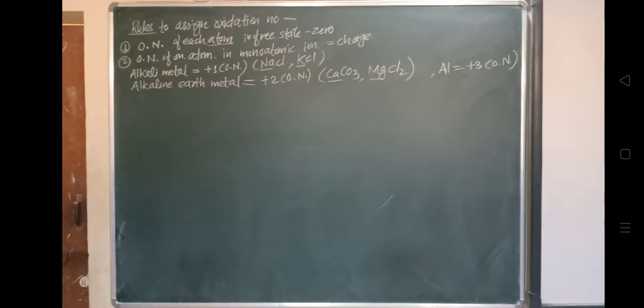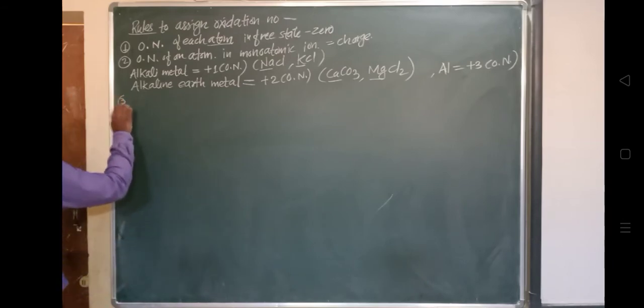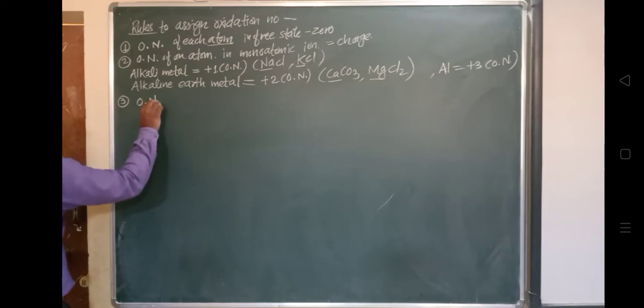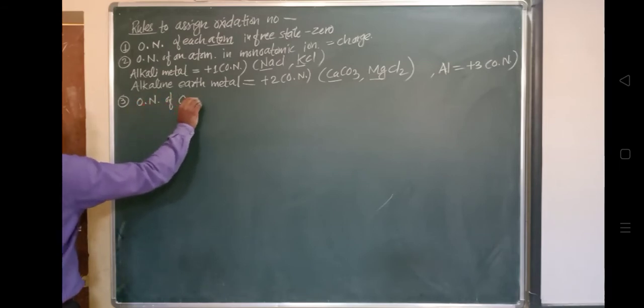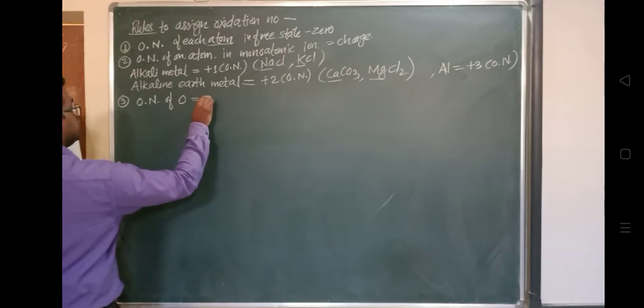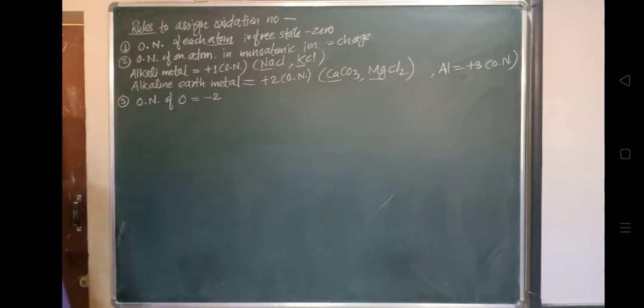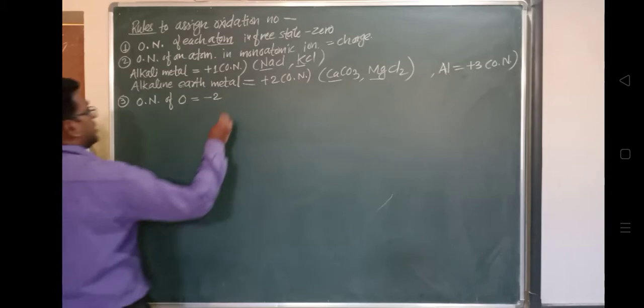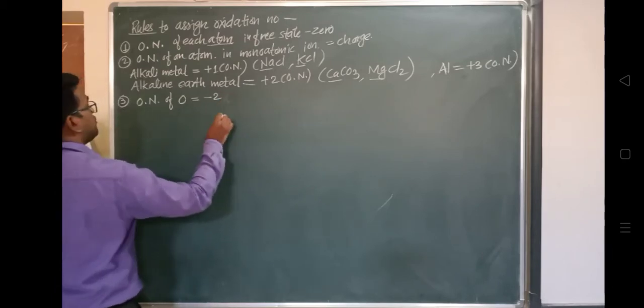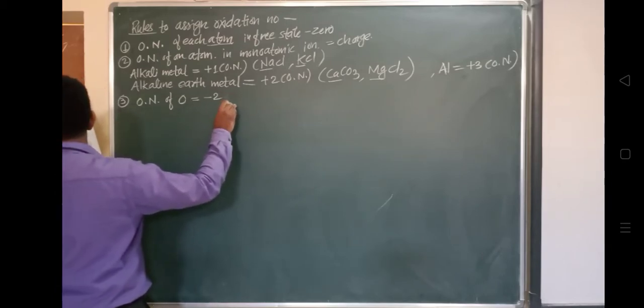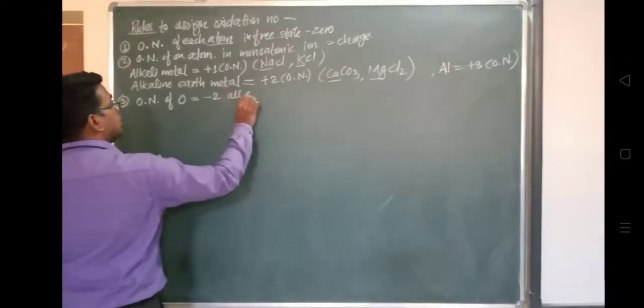Now the next rule is the oxidation number of oxygen is usually minus 2 in all its compounds.